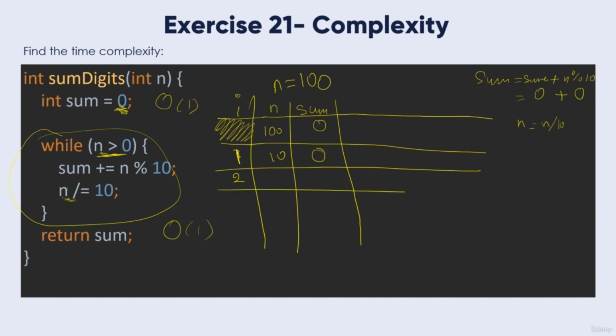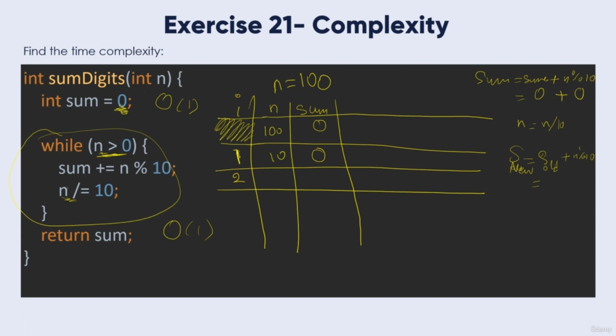The second iteration: going up, n is greater than 0? Yes. 10 is greater than 0. Go and execute the code again. The new sum is equal to the old sum plus n modulo 10.